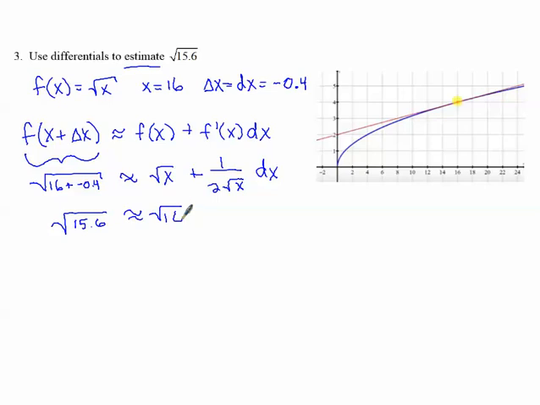Square root of x with x plugged in is square root of 16 plus 1 over 2 square roots of 16 times dx, which is our differential negative 0.4.